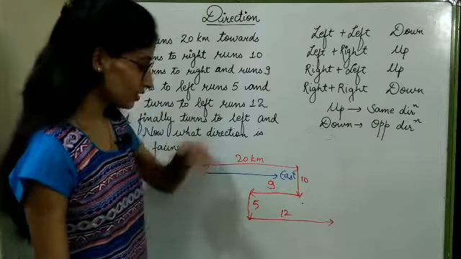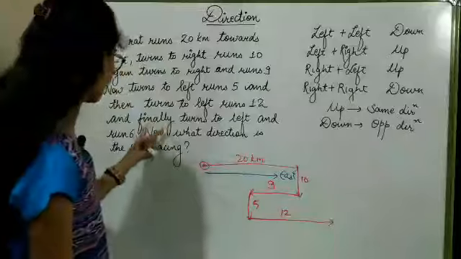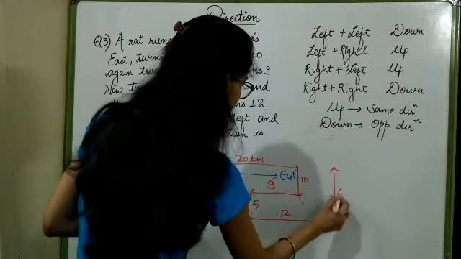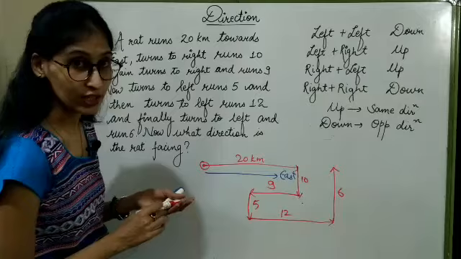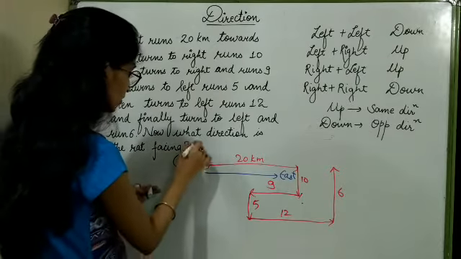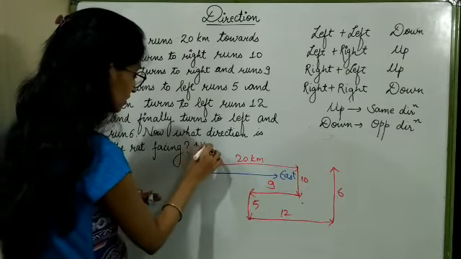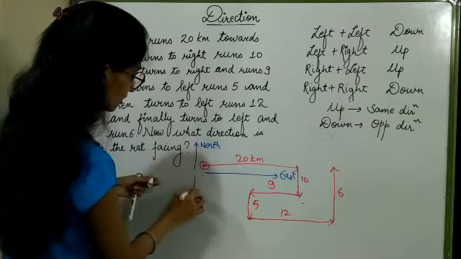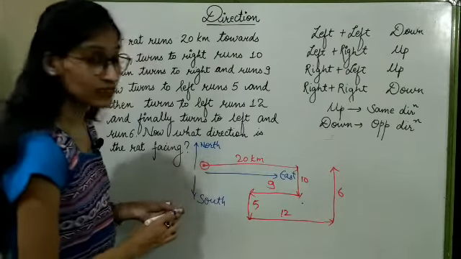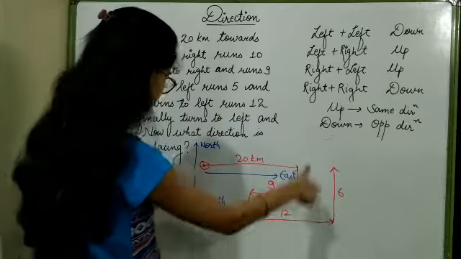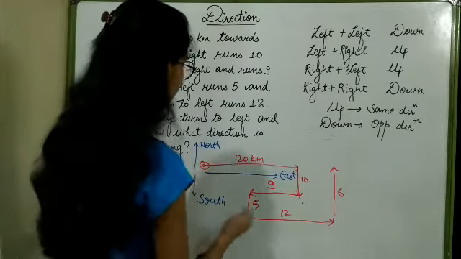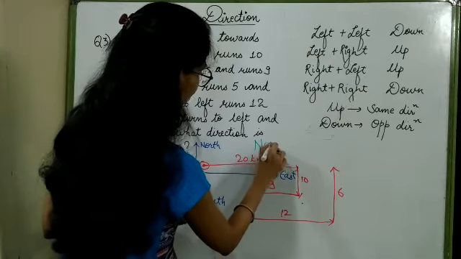This will be my right. This will be my left and runs 6. Now what direction is he facing? This was east, so this will be my north and this will be my south. So the rat is now facing towards the north direction. The answer to this question will be north.